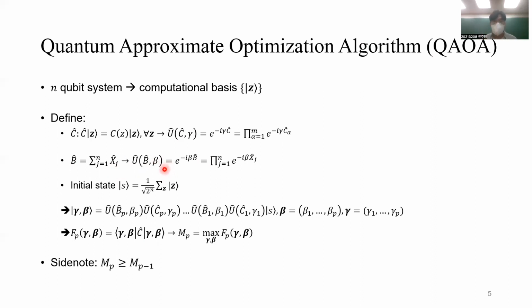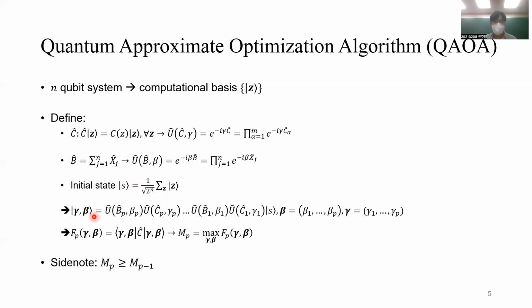We can also just write this as the local rotations caused by Pauli X on each qubit. For QAOA, our initial state is just the equal superposition of all of the computational basis states, and actually this is the ground state of B. We can check that.